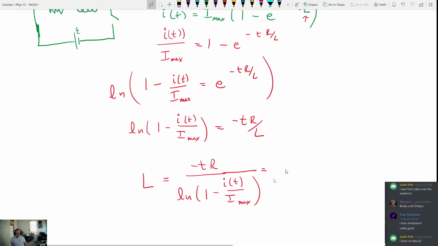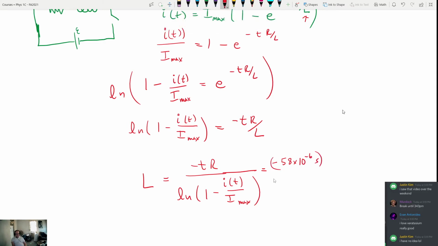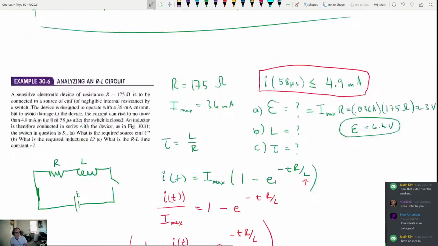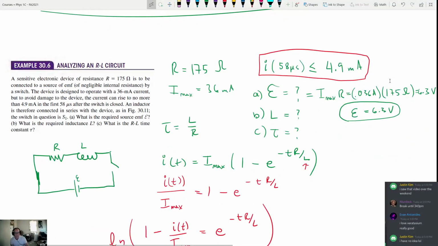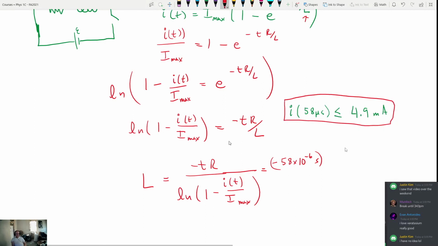So this is equal to, the time we were told the value of t was 58 microseconds, so this is going to be 58 times 10 to the minus 6 seconds. We were given that information. The resistance in our circuit was 175 ohms, also given in the problem. We divide that by the natural log of 1 minus I of t.